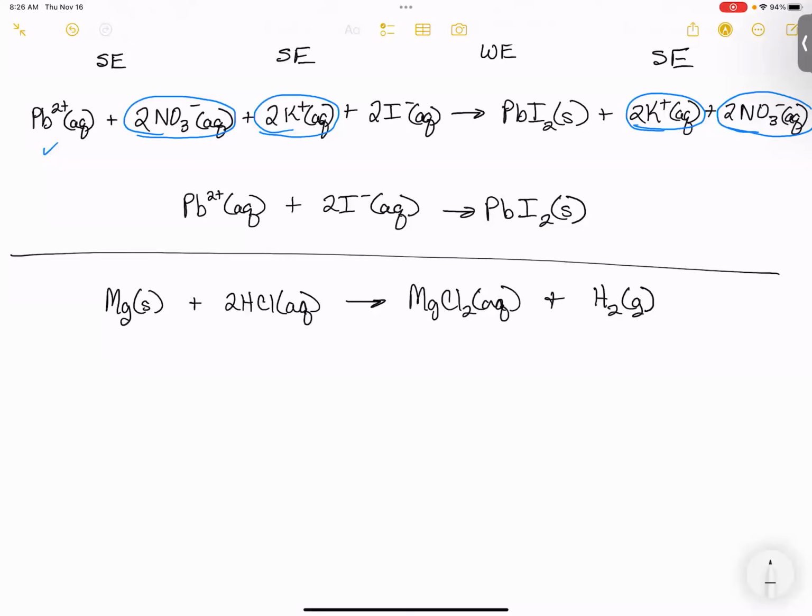It's only aqueous species that we have to look at. Only aqueous species can be an electrolyte. So, looking at this, it is a non-electrolyte.